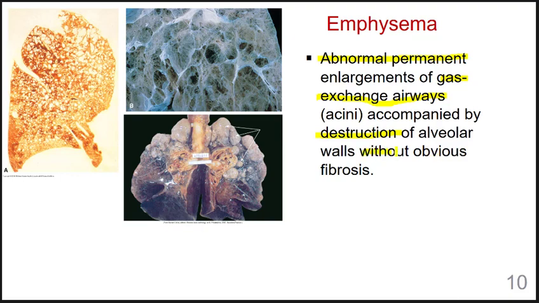And there is no obvious fibrosis present. Pulmonary fibrosis can occur with other conditions such as asbestos exposure, just as an example, but is not common with emphysema.